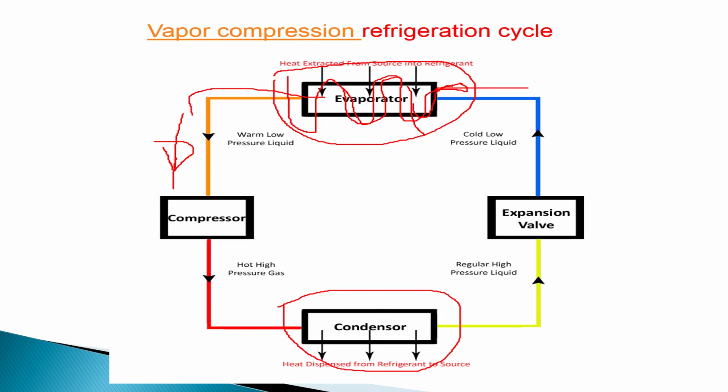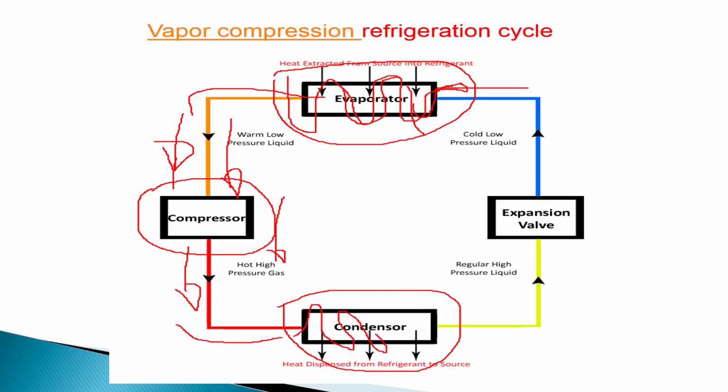Then that refrigerant is taken into a compressor and it is compressed, in order to raise the temperature above the atmospheric temperature. It increases the pressure and also the temperature. Coming out is a high temperature, high pressure vapor that is passed through a condenser.